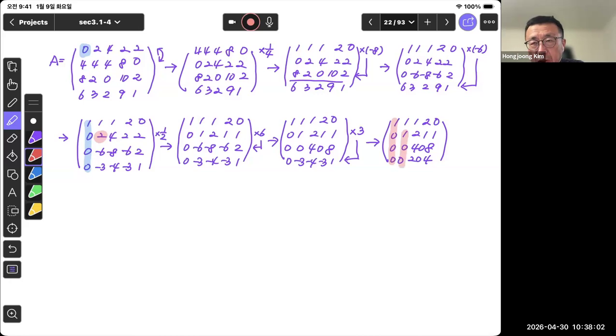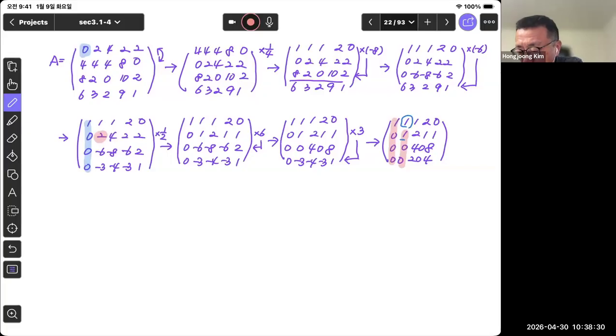I don't care about the 1 above the 1 in the first row at this point. I will handle that value later. But I will use this 1 in the second row, second column, and using that value I change all the numbers below to 0.